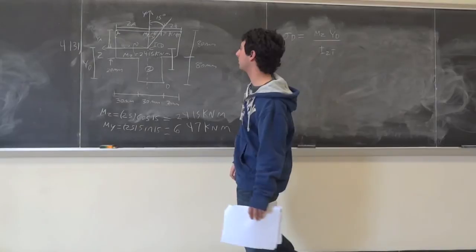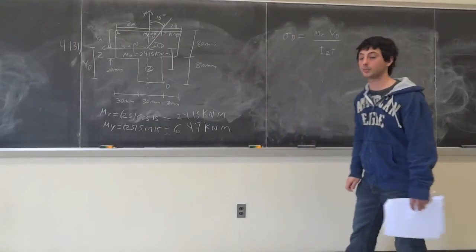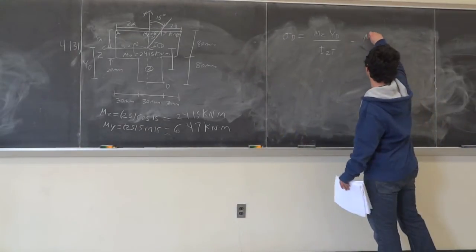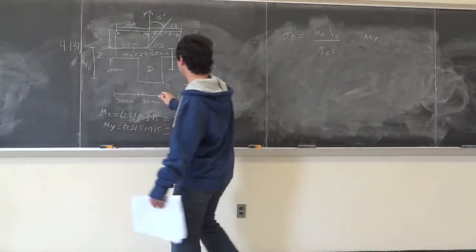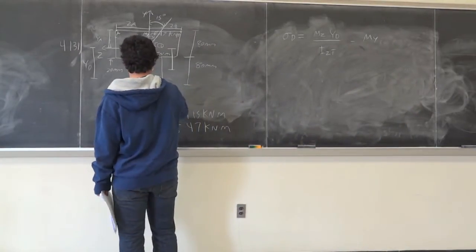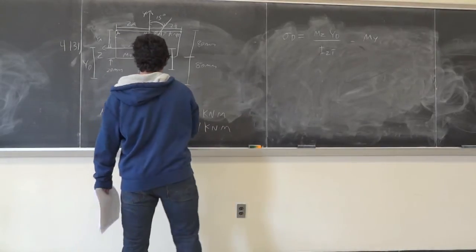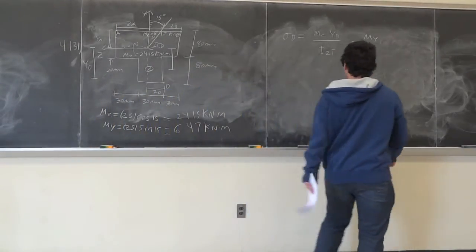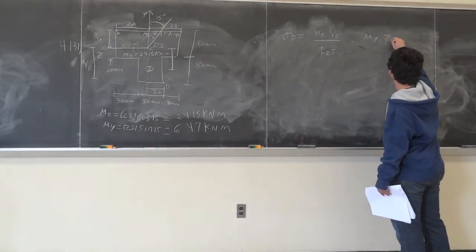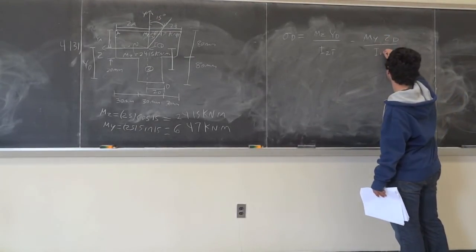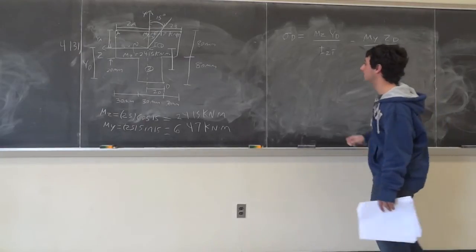Is it in compression or tension? Compression, exactly. So it's minus My, distance is zd. And what is that? It's just half of 30, so it's 15 millimeters, zd all over Iyt.